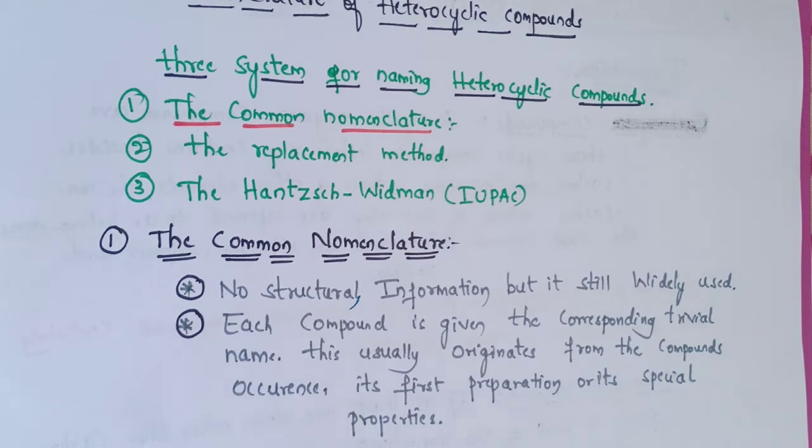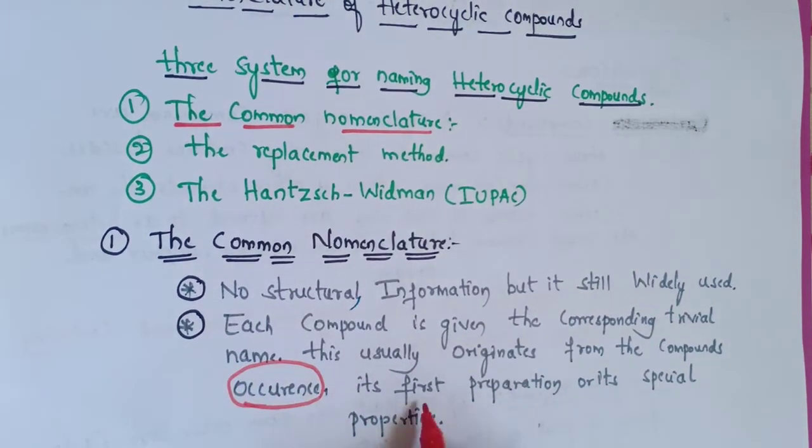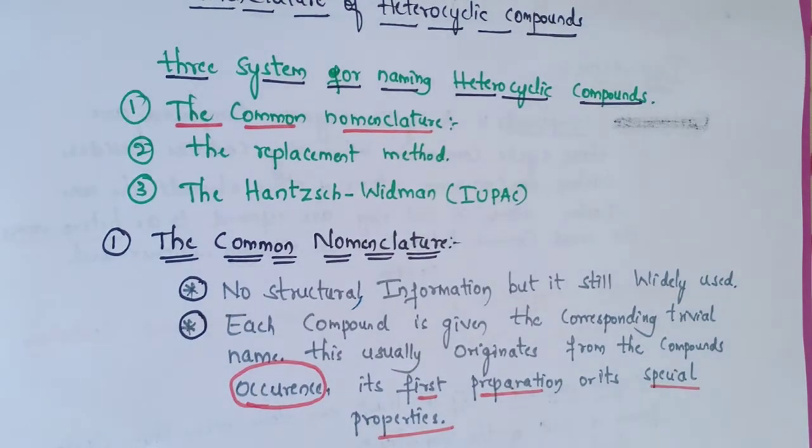These names originated from the compound's occurrence, its first preparation or its special properties. Now let's see some of the common nomenclature in heterocyclic compounds.